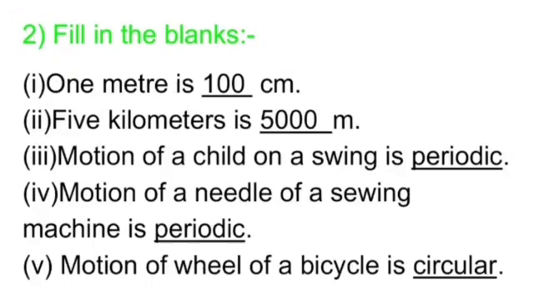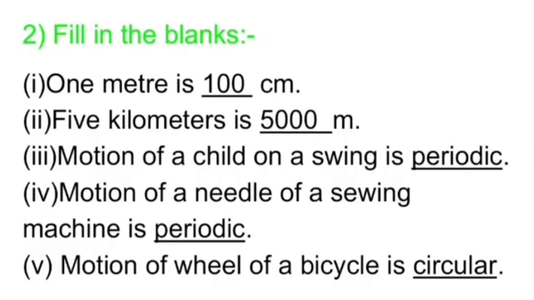Question number 2. Fill in the blanks. First part, 1 meter is dash centimeter. So 1 meter is equal to 100 centimeter. Second part, 5 kilometer is dash meter. So 5 kilometer is equal to 5000 meter.